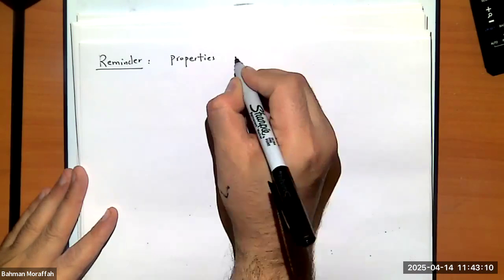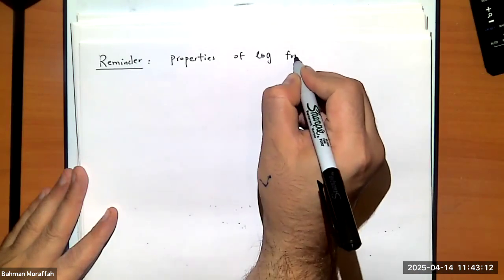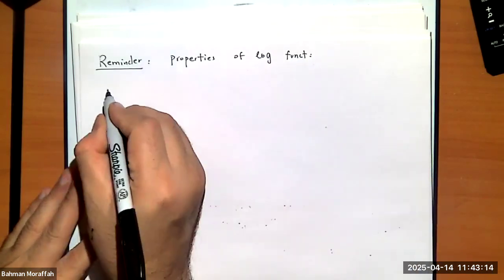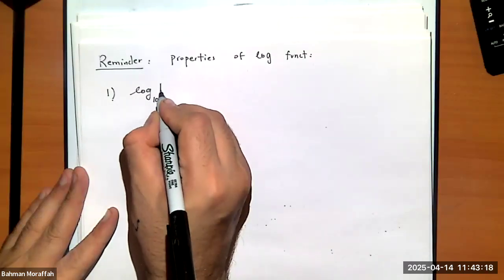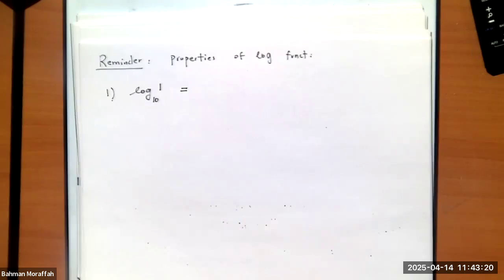Properties of log function. One. What is log 10 of 1? 10 to the power of what is 1? 0. So this is 0.